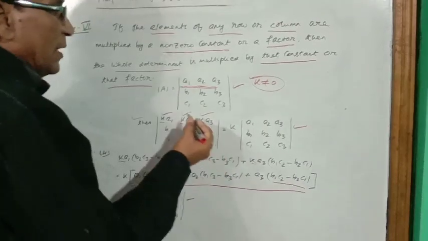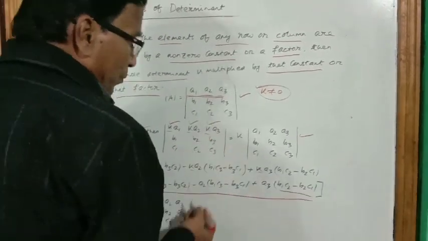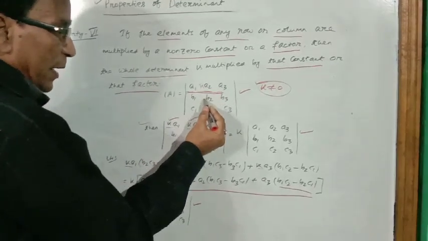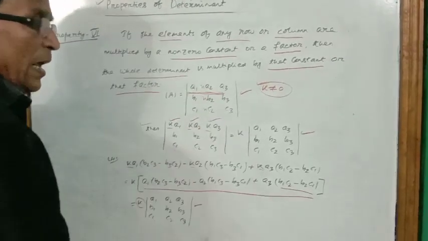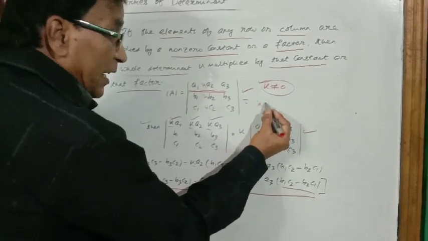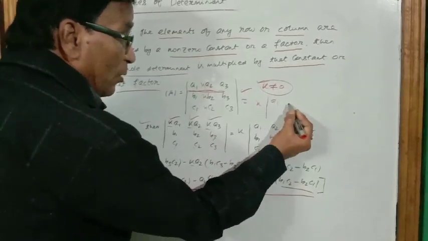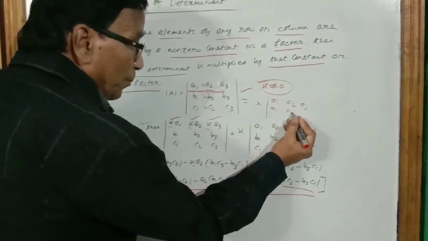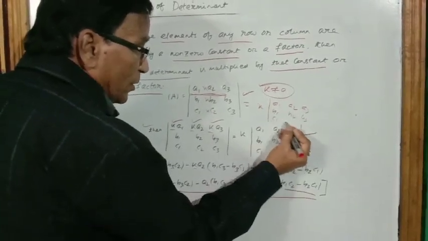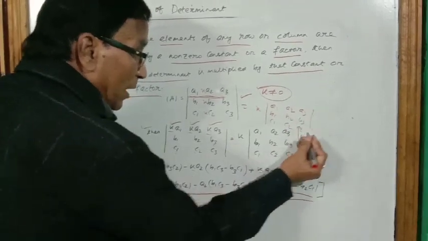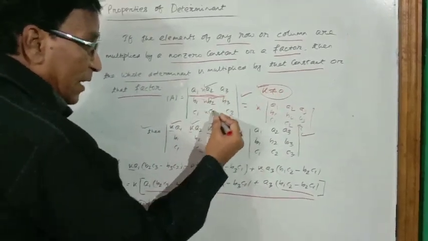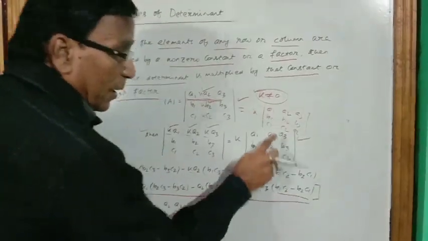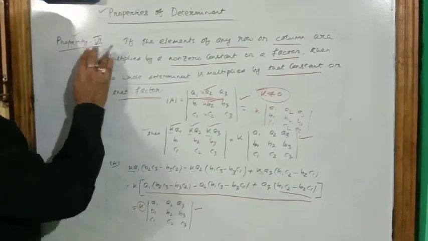Again we can say, suppose I multiply the second column by a constant x, then it will be equal to x into the determinant a1, a2, a3, b1, b2, b3, c1, c2, c3. If we multiply every element of the second column by a factor x, then it is equal to x into that determinant. So this is all about property 6.